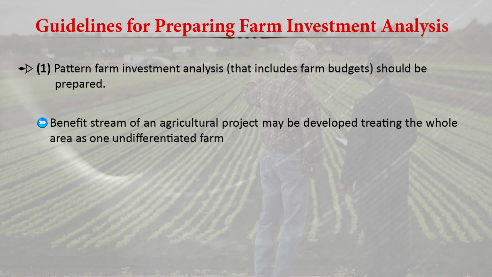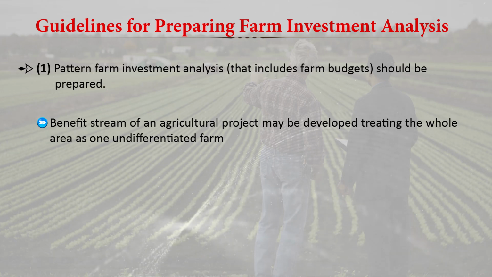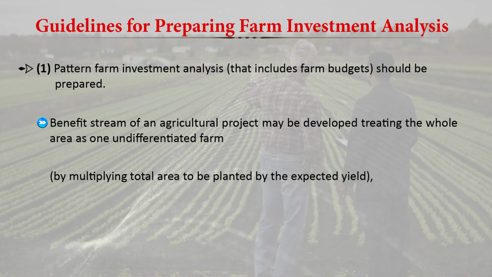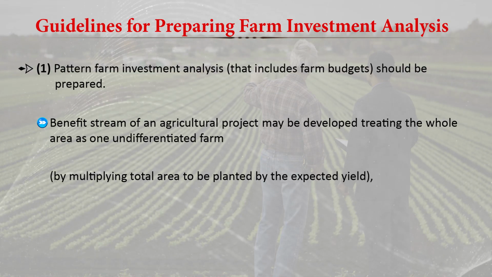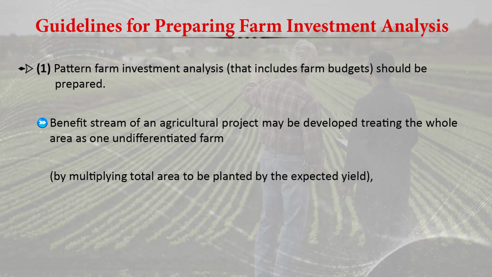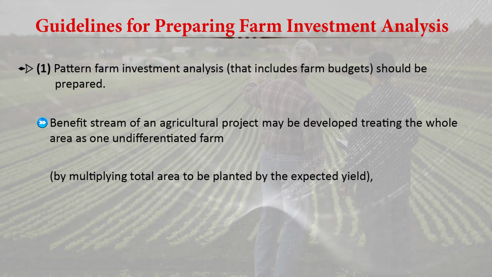So basically the complete agriculture project is treated as one farm, and we calculate the benefit stream. Sometimes we can simply multiply the total area to be planted by the expected yield. In this manner, we can get the total benefit stream of the agriculture project area.